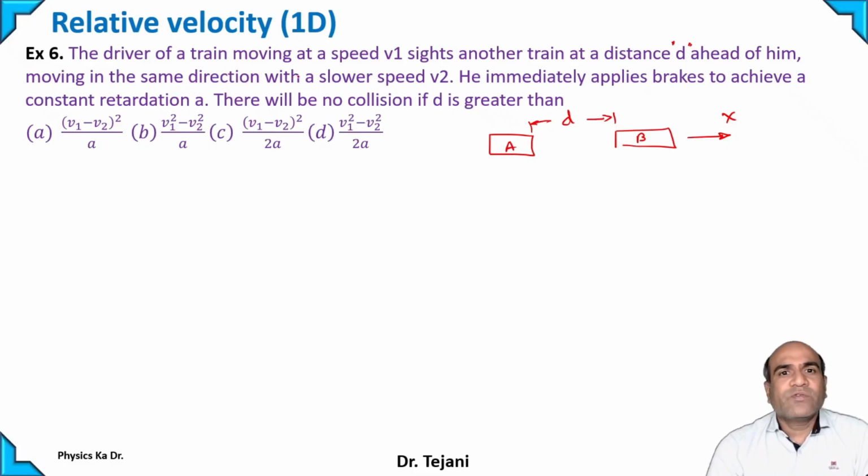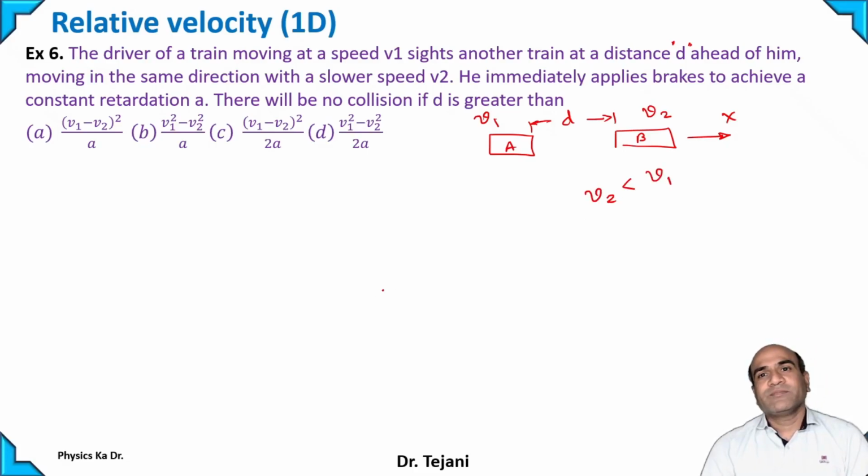The driver of the train moving at speed v1 sights another train at a distance d. So the velocity is given as v1, and for vb it is given v2, which is smaller compared to v1.